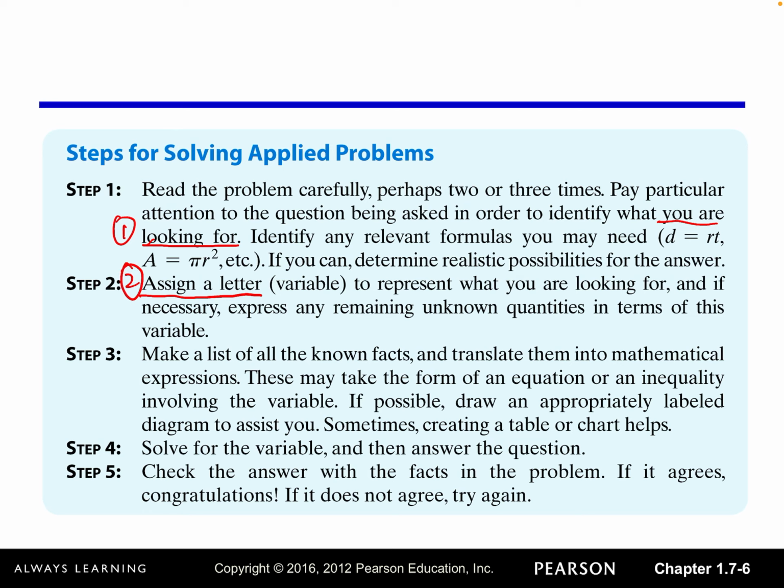Second step, assign the variable. Third step, set up the mathematical model: translate the known facts into mathematical expressions and build up the model. Step 4, solve the model, solve for the variable, and then check the answer.